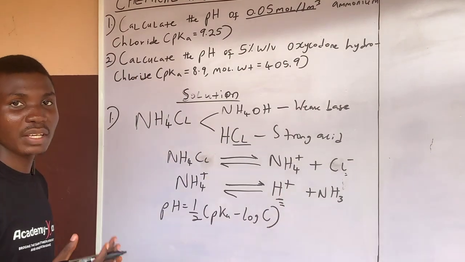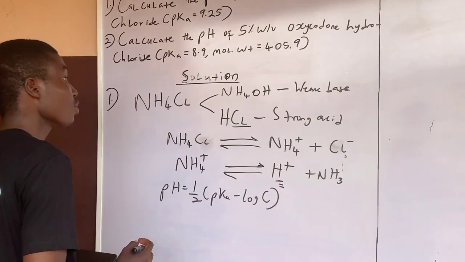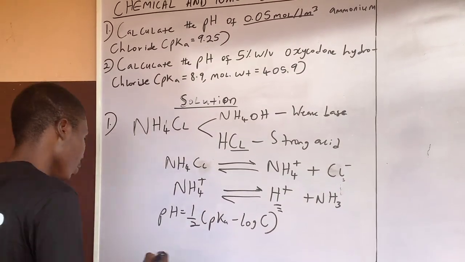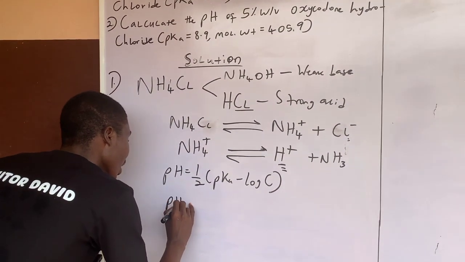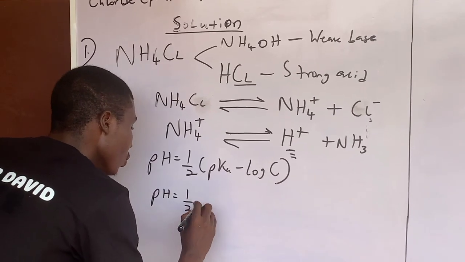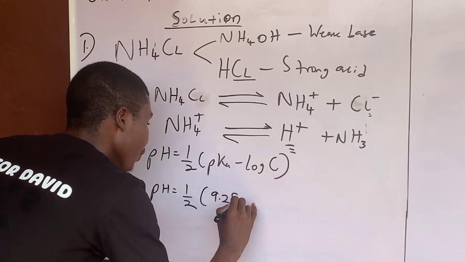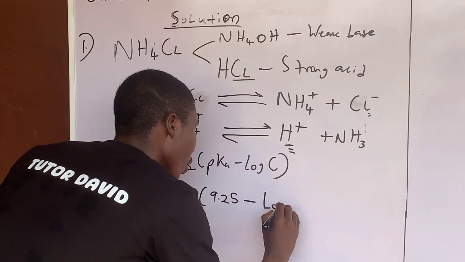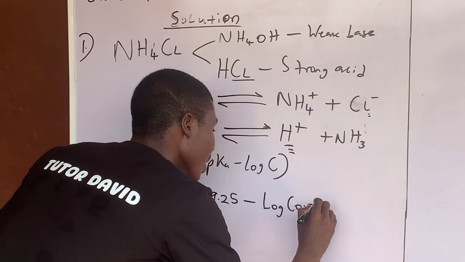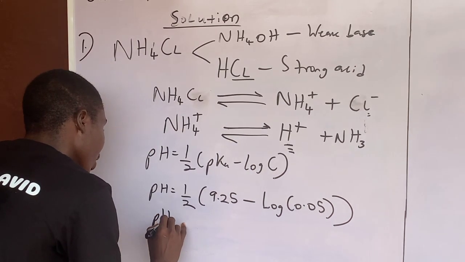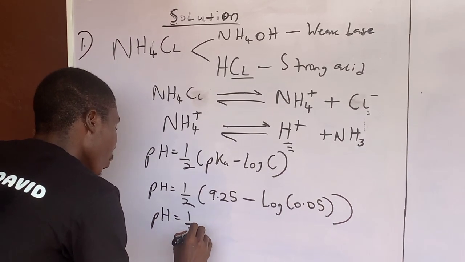Remember, it must always be in mole per dm cube, and if it is not, you already know how to convert it from the previous videos. So we have pH equal to 1/2 (9.25 minus log 0.05).